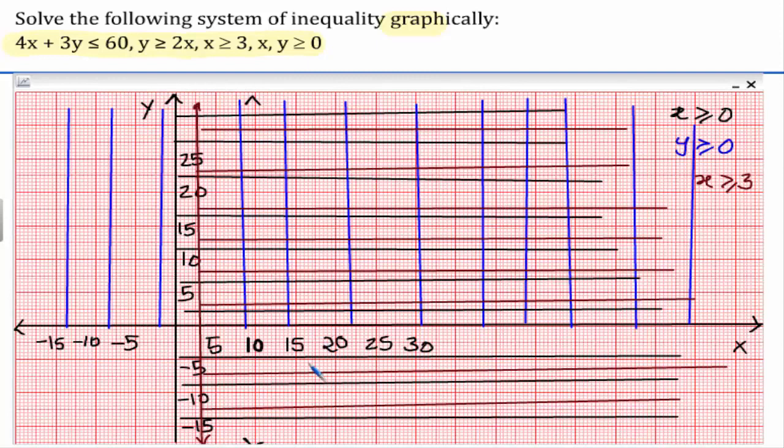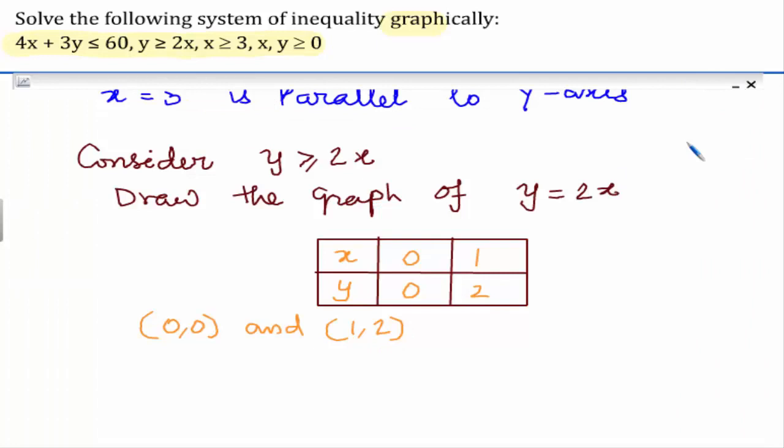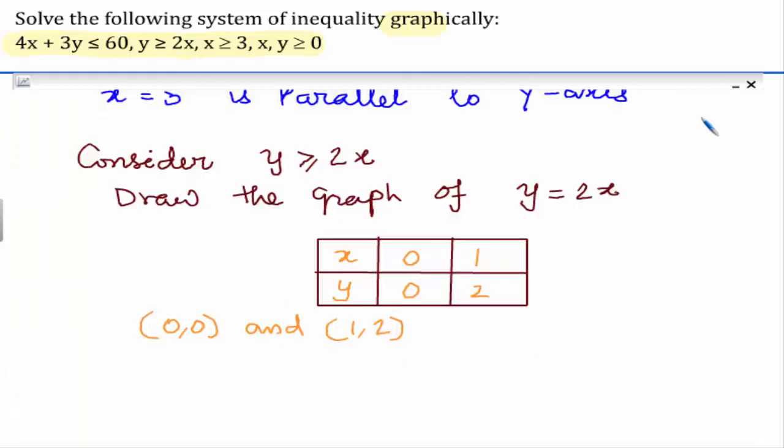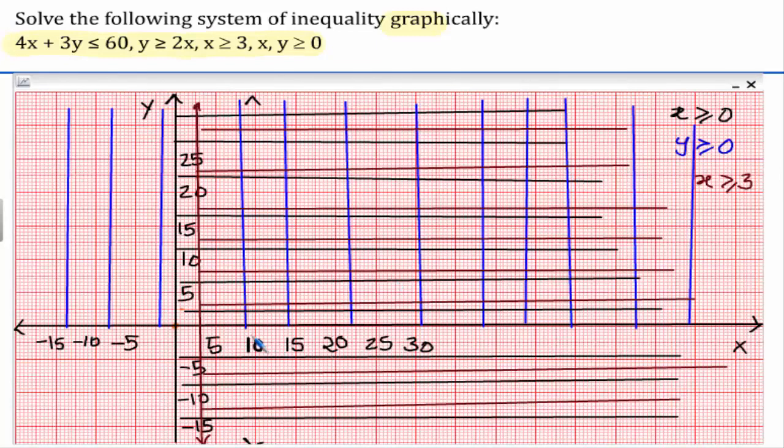Let us select those points. Here is the origin, and the next one is (1, 2), somewhere here. For easy understanding, we'll take one more point. If x is 5, then y will be 10. So we will select (5, 10) here. Let us draw the line passing through the points.